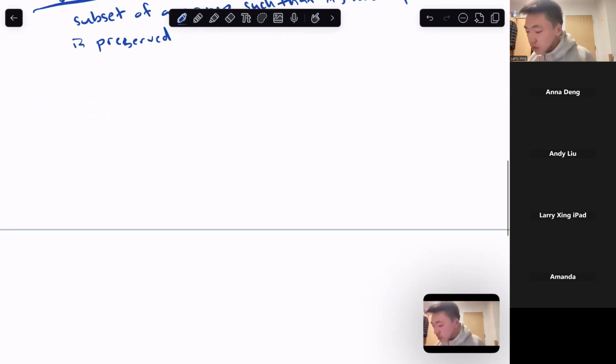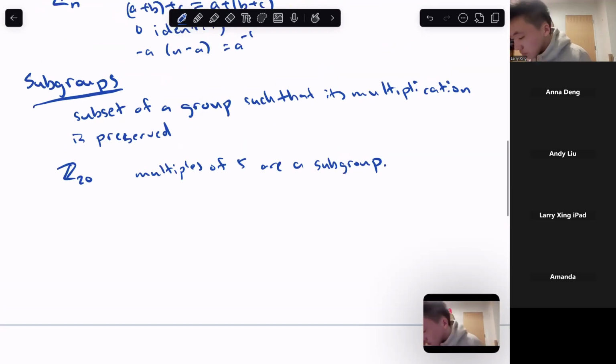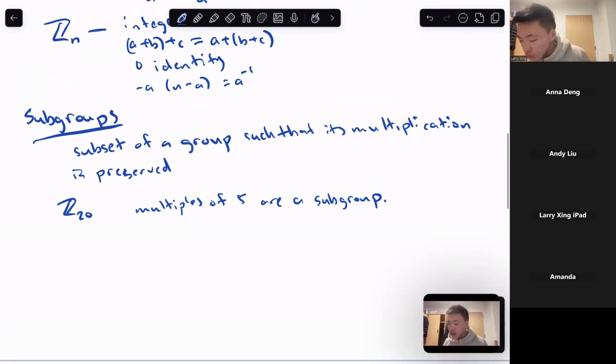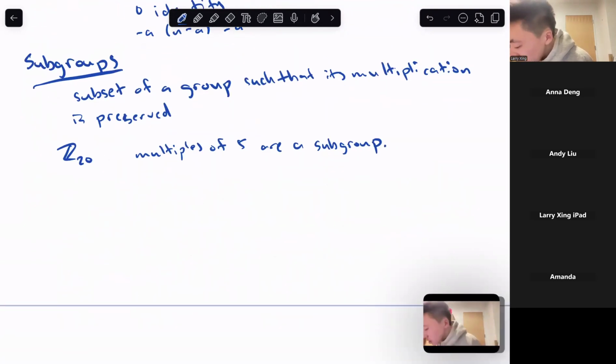So, for example, if you have Z20, the multiples of 5 are a subgroup. And if you want to look at other subgroups, you could also have the subgroup containing only 0.